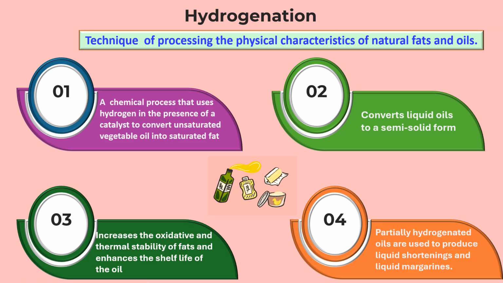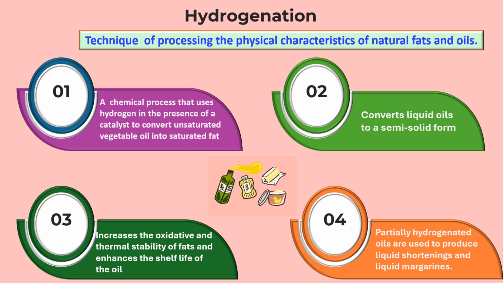And finally, we have the very common hydrogenation process. This is a technique of modifying the physical characteristics of natural fats and oils. It is defined as a chemical process that uses hydrogen in the presence of a catalyst to convert unsaturated vegetable oil into saturated fat.